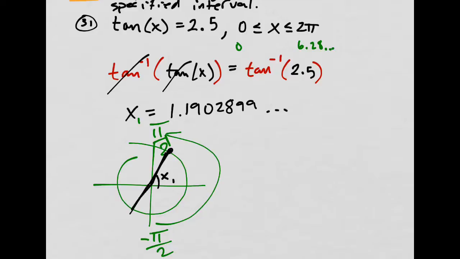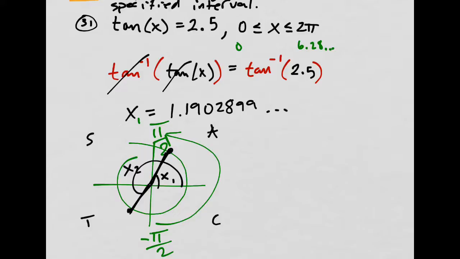But the way tangent works, all students take calculus. I know that tangent is positive down here as well. So if I have this, I think these are the two angles that would work. So that's x1 there, and then this would be x2.